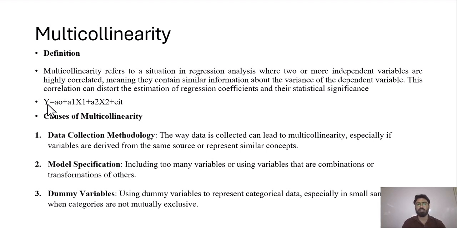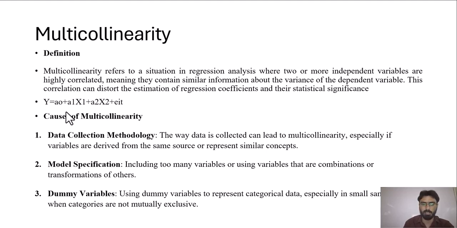But if these variables x1 and x2, which are present here as independent variables, start affecting each other, maybe x1 is affecting x2 or x2 is affecting x1, or maybe they both are affecting each other, this will cause the problem of multicollinearity.